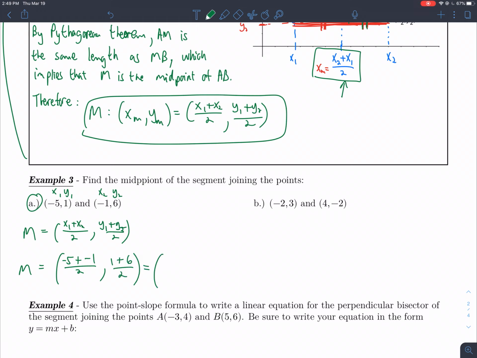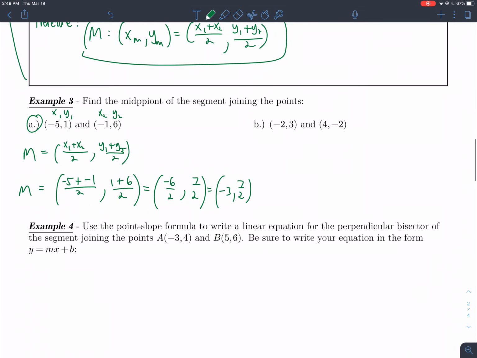So the midpoint here is negative 6 over 2, comma, 7 over 2, and that would be negative 3, 7 over 2. Something like that. Okay?